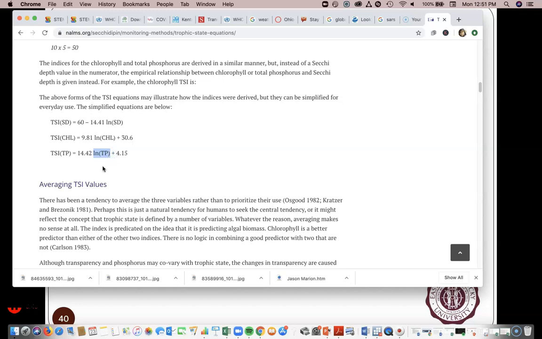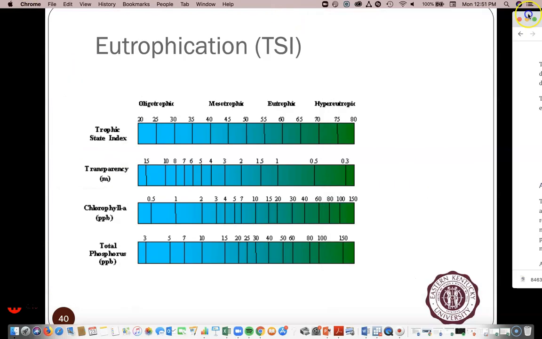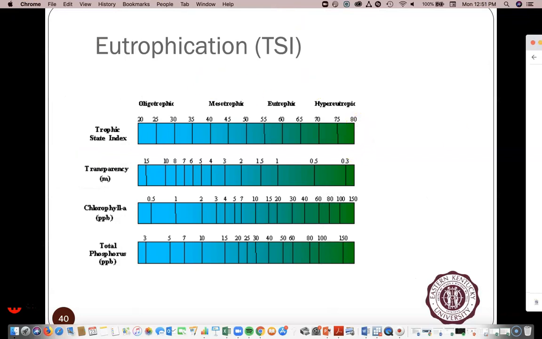Figure out somewhere else the natural log of your total phosphorus value, get that number, then multiply that number times 14.42, then add 4.15 to that, and that will give you the TSI value. And that TSI value very well may be larger than what you've got on that table.